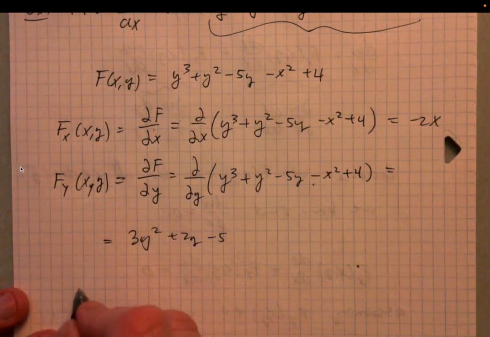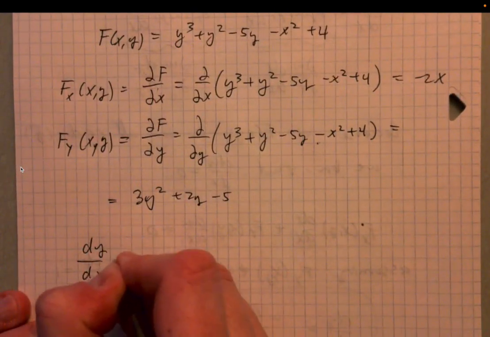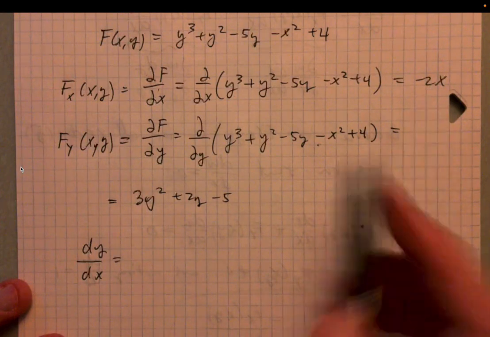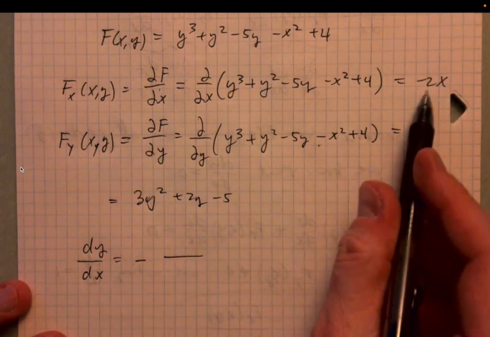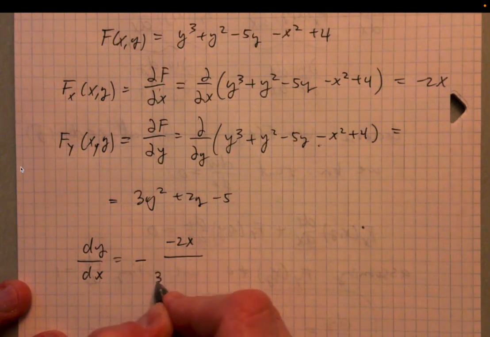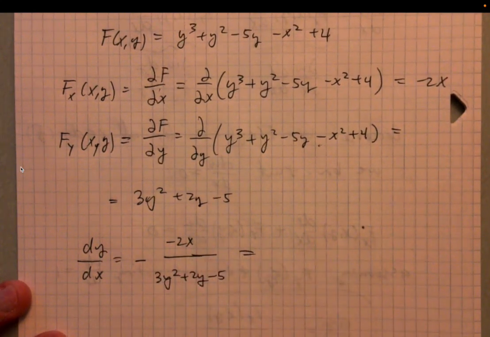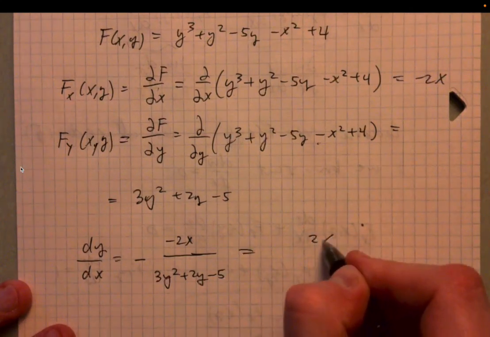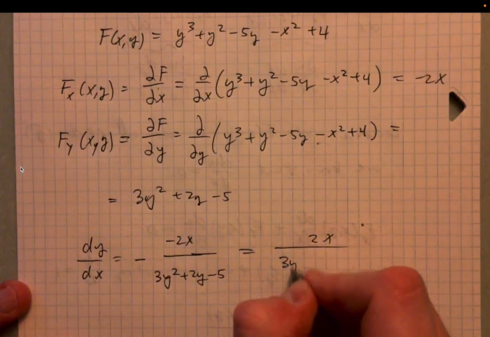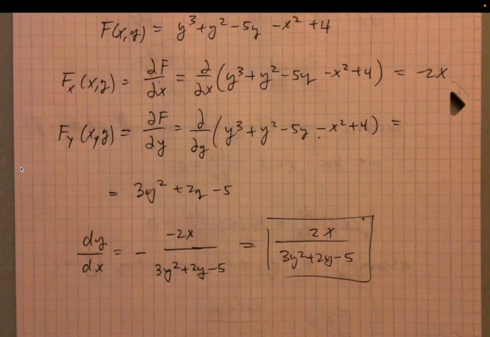Okay, and what the theorem says is that the derivative dy dx is going to be negative this one over this one. You get the negative and the negative, and so that becomes positive. And you have that beauty right there.